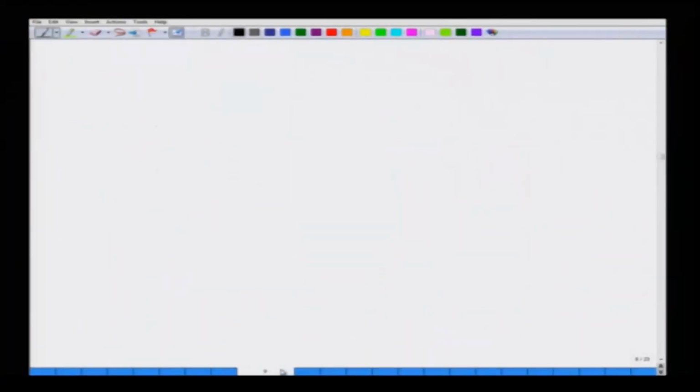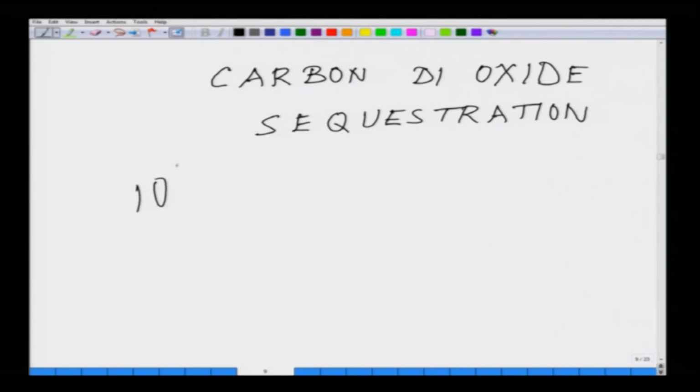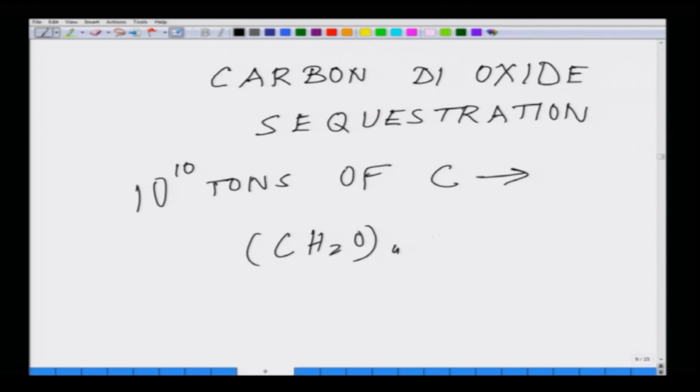So let me go to the carbon dioxide sequestration. So during this whole process of photosynthesis, almost 10 to the power 10 tons of carbon is forming, plus organic matter.